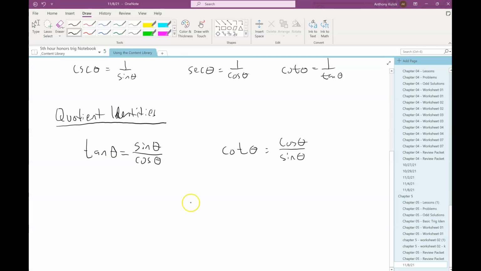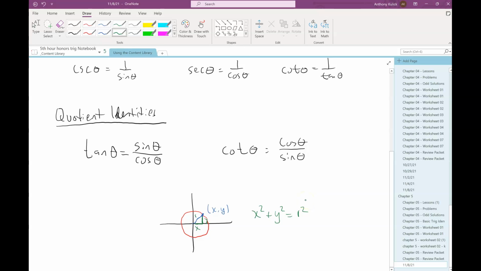So if we think back to our unit circle here, our next identity: if I pick any point on that unit circle, we can say that the Pythagorean theorem holds that x squared plus y squared has to equal r squared.